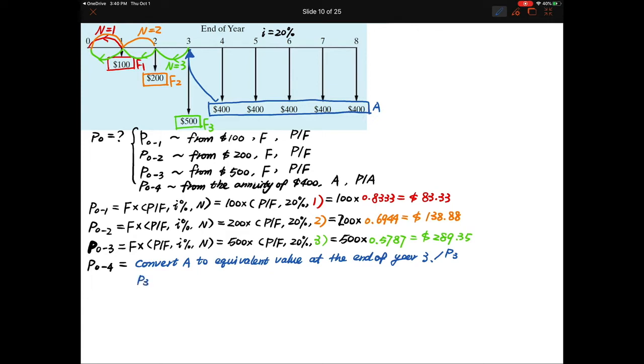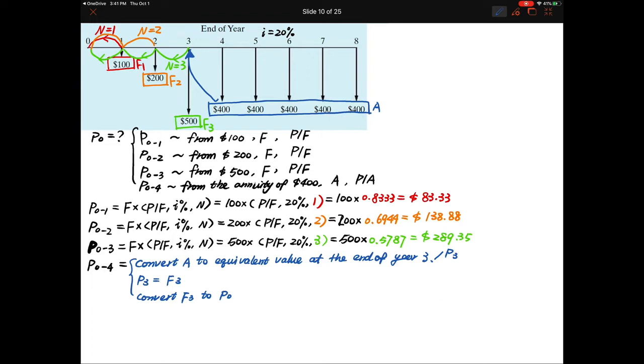Okay, and then you use P3 equals to F3 because compared to the year 0, P3 actually is gonna be a value at a later time, so you can also label it as F3 compared to 0, right? And then you convert F3 to P0. So that is the 3 steps you want to calculate P0 for.